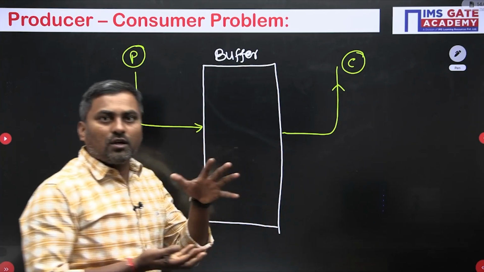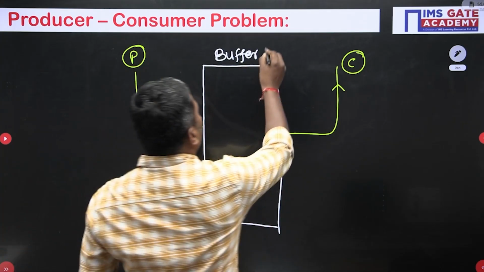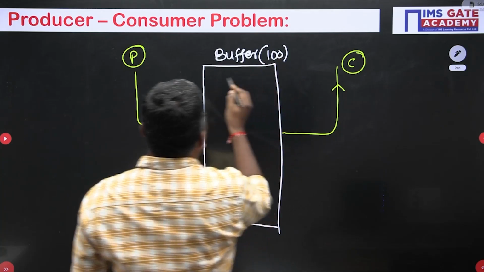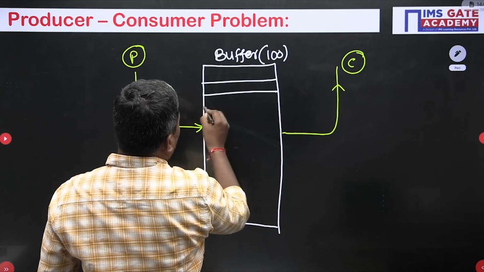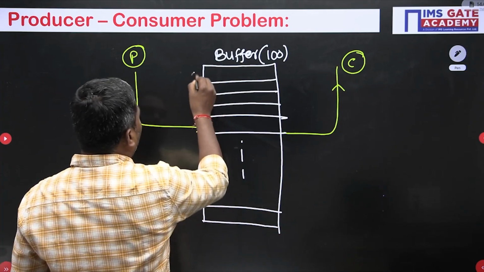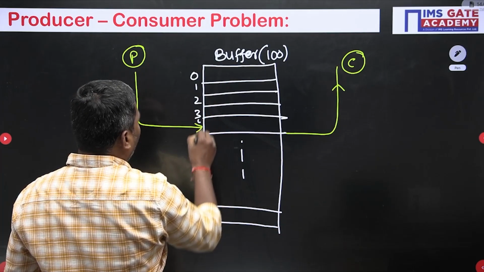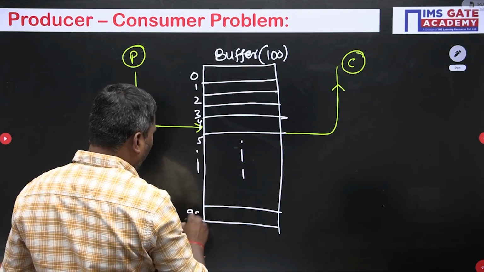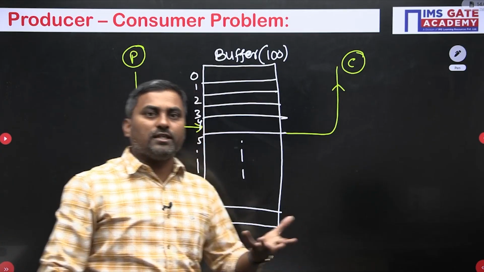Let me define this as 100 slots, like this: slot 0, slot 1, slot 2, slot 3, slot 4, and so on up to 99. Buffer size 99, total size 100.